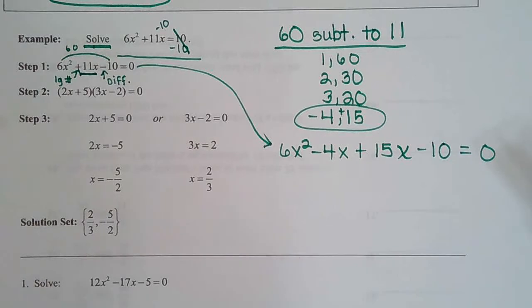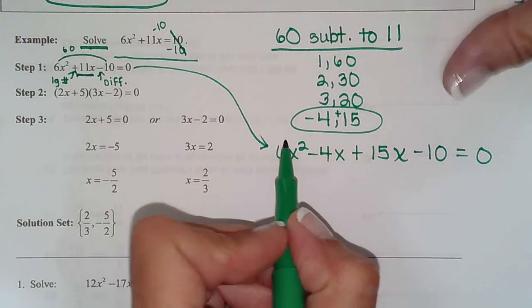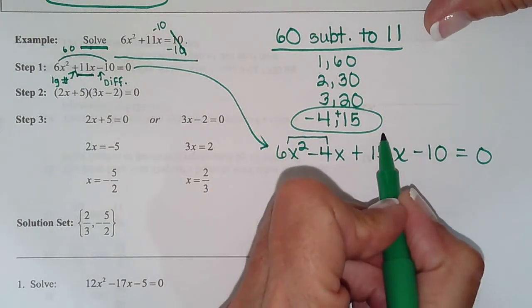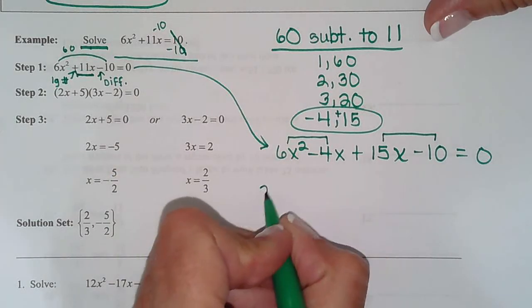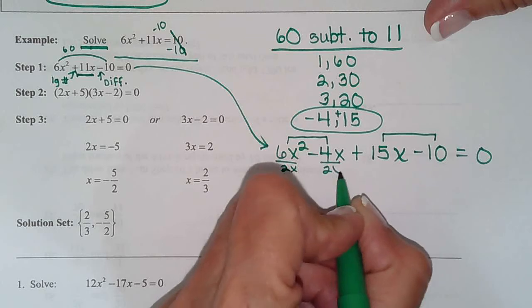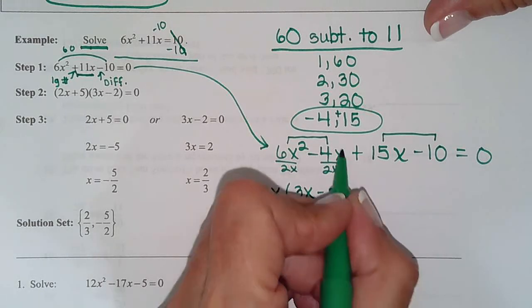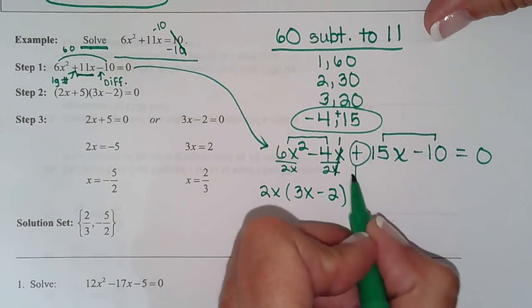And don't drop that 0, otherwise you're going to turn it into a factoring problem and stop too soon. And then with AC method, after we replace that, remember we always do GCF. So GCF here is 2x. Divide each of these by 2x, and you get 3x minus 2. X's cancel. Bring down this sign, plus.